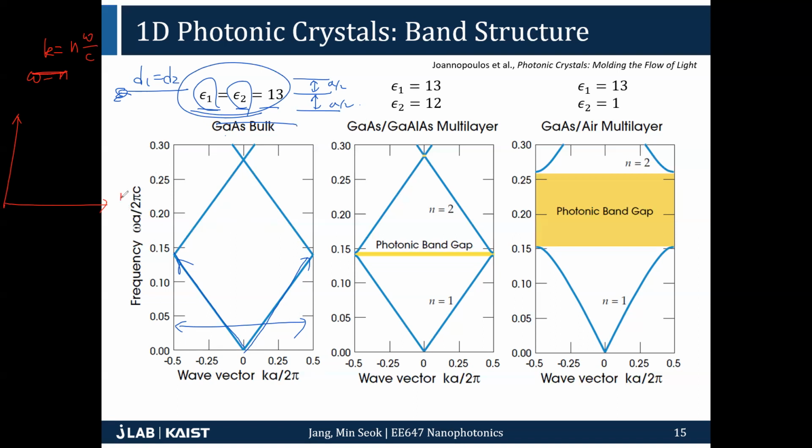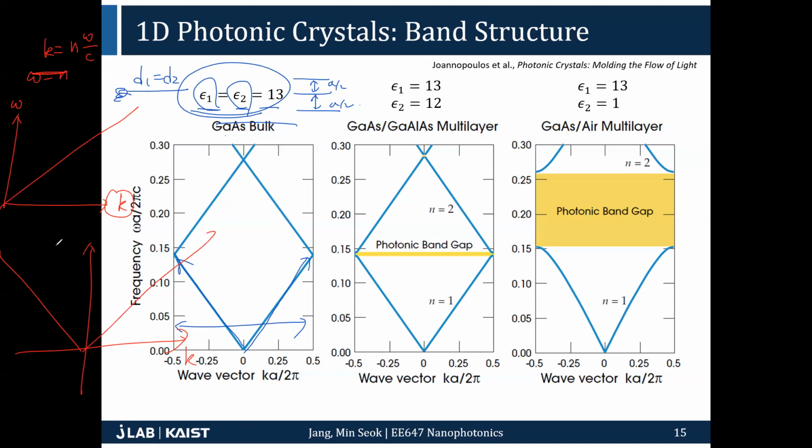So if you draw k and omega, it's just a linear equation. And of course, k has 2 directions. So if you draw it in this way, it's just going to be doing this, right? It's a free space dispersion relation.